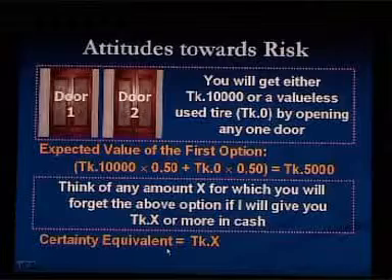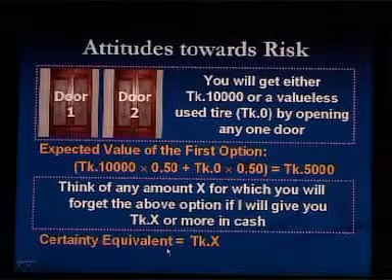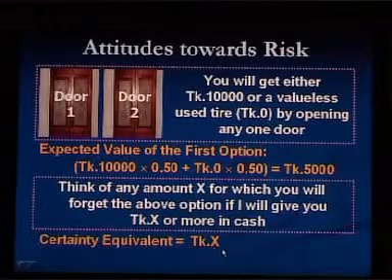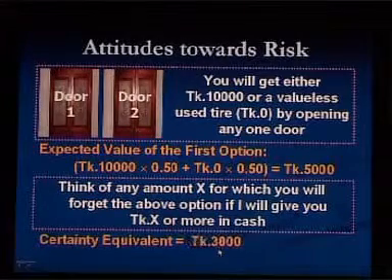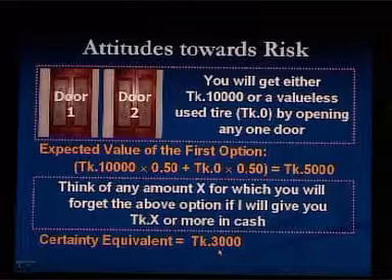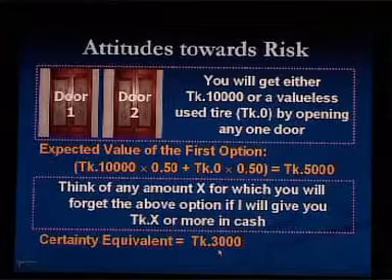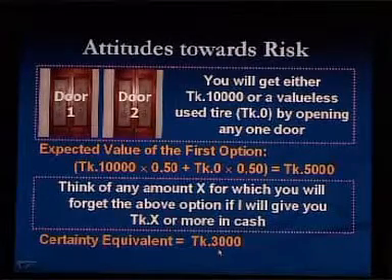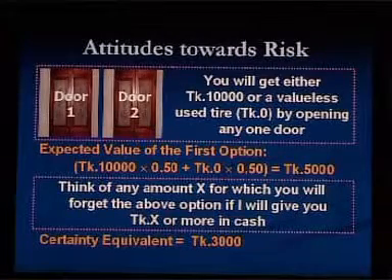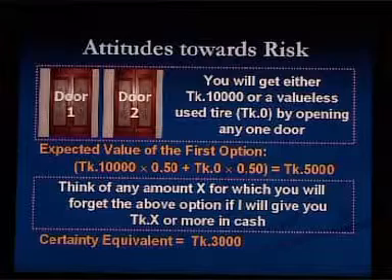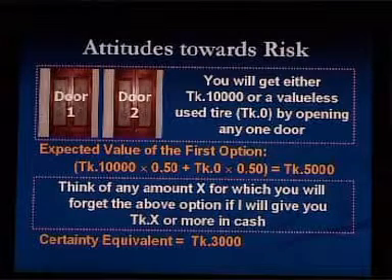That means, you want to forget the first option if you get taka x instantly. Let the certainty equivalent for you be taka 3000. That means, if I give you taka 3000 now, you will forget the first option, but if you receive less than taka 3000, you will take the risk of the first option.